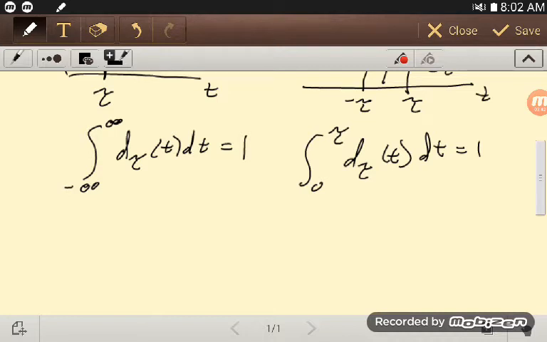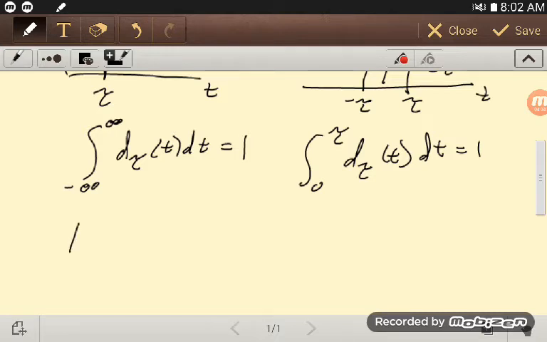And now I could create a function of this integral and think of it that way. But at any rate, what we want to do is take the limit of this thing.